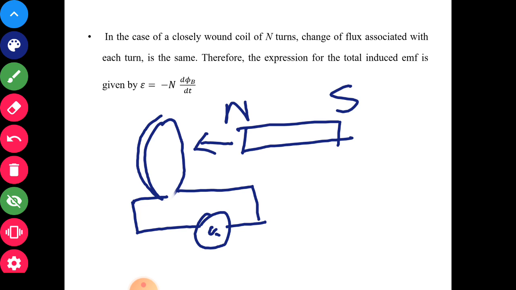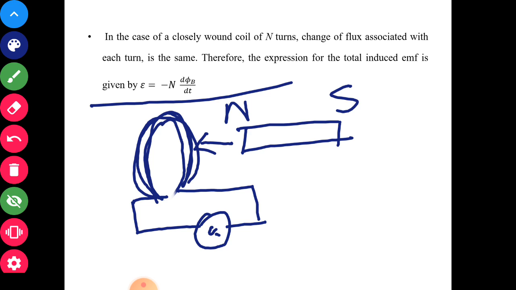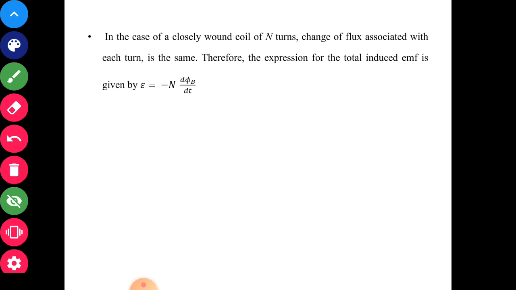If you have n turns, instead of 1 you have say 10 turns, 15 turns, 1000 turns, then this electromotive force becomes n times the rate of change of magnetic flux, or we can say EMF E is equal to minus n d phi b by dt.